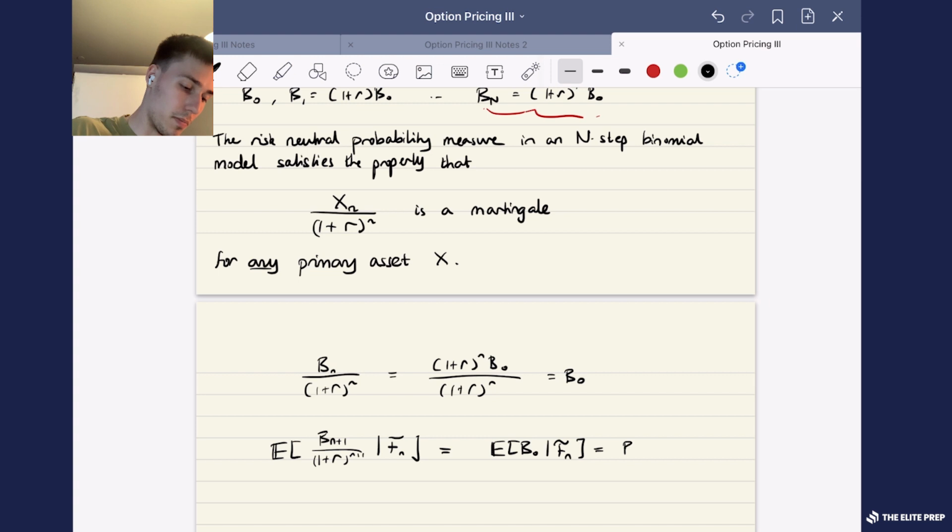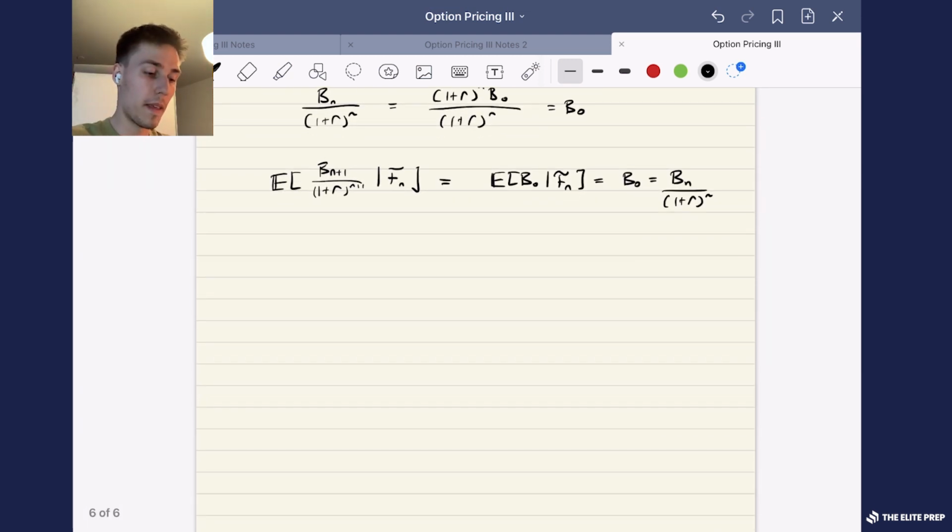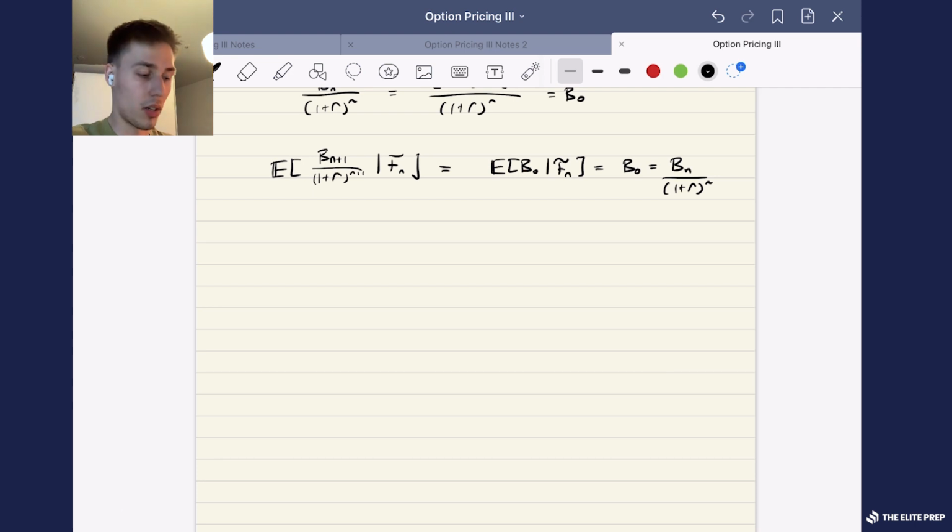So that's just equal to B_0, and that is also equal to B_n over (1+R)^n. So the money market is trivially a martingale. So then we just need to deal with the stock.